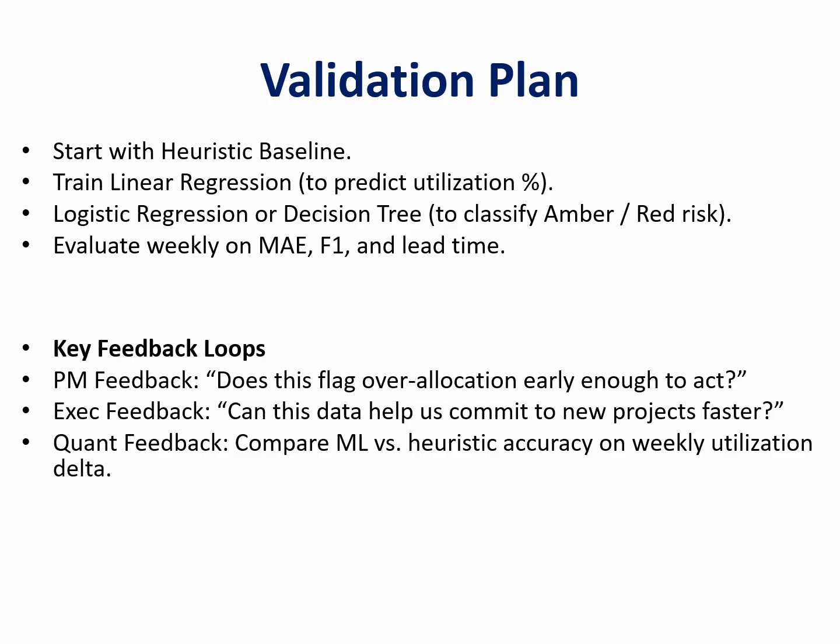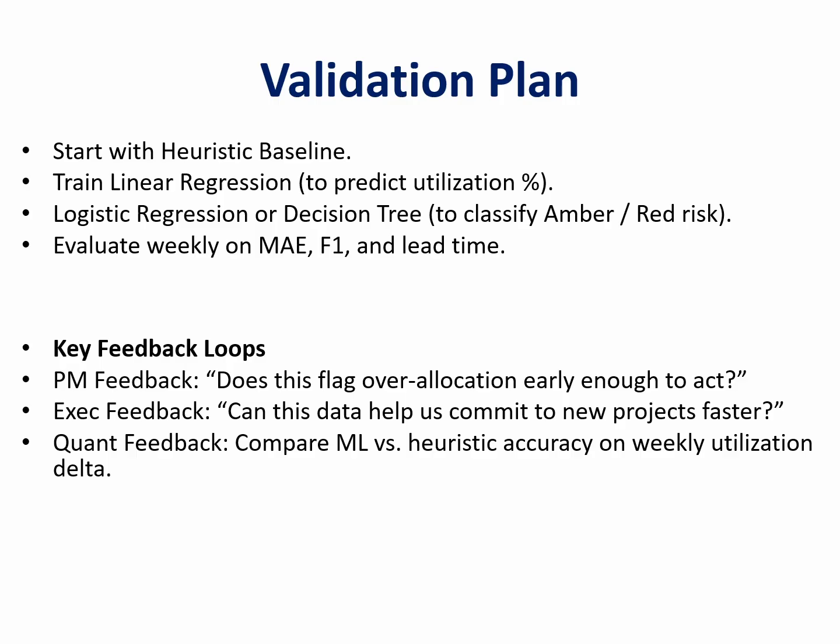The validation questions that we would want to ask would be from different stakeholders, right? Different people that would be potentially using this. Does this flag over-allocation early enough for us to take action, right? That's the first question we want to get feedback on and see if it's actually doing that. Does the data we're getting help us commit to newer projects faster?